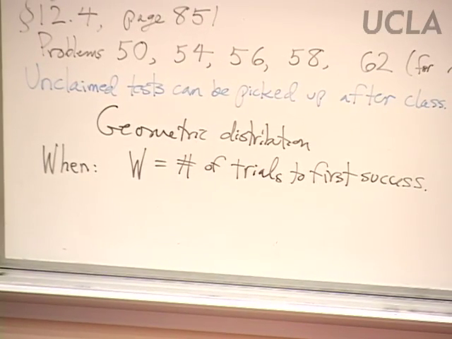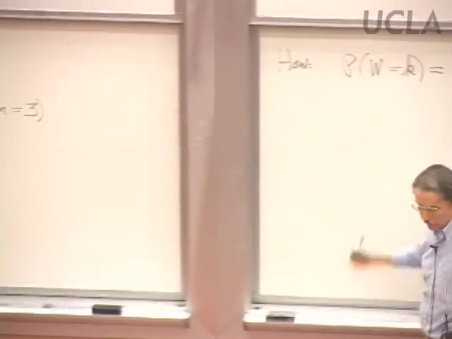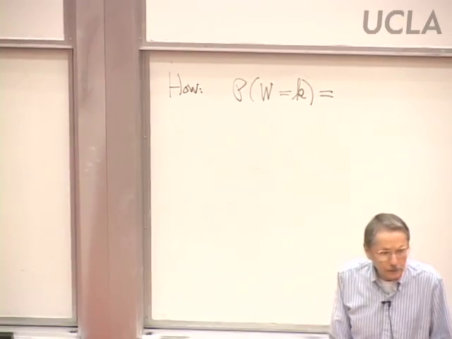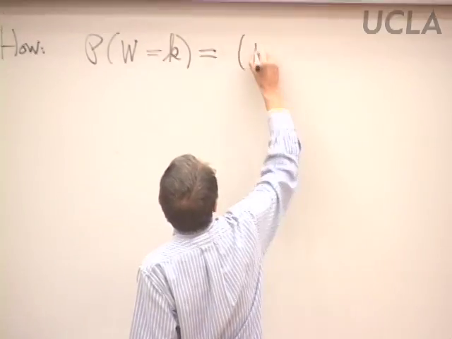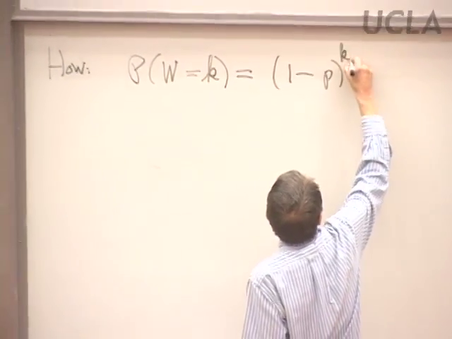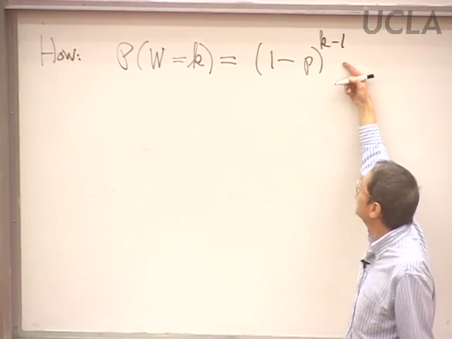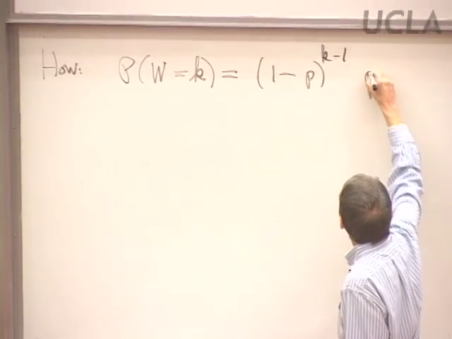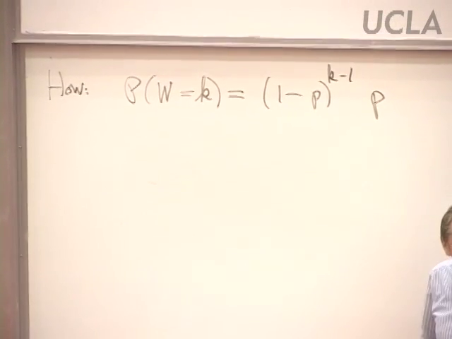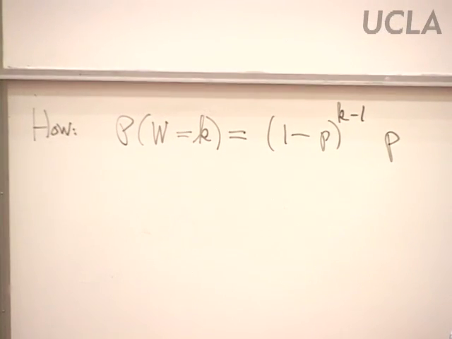Well, we had these 3 equations last time. The probability mass function is given as follows: the probability that the first success occurs on the kth trial is (1 minus p) to the k minus 1 for those first k minus 1 trials that all fail, times p for that success on the kth trial.